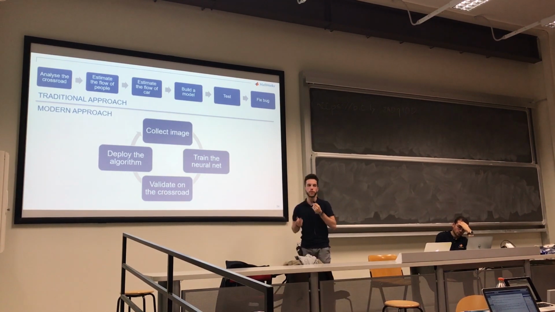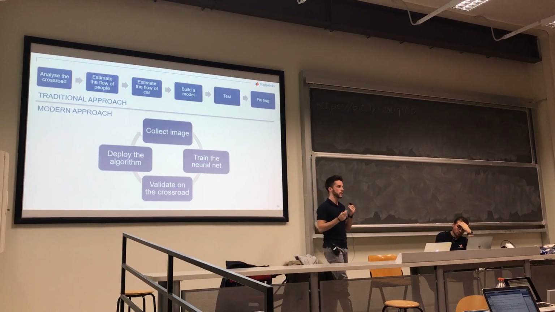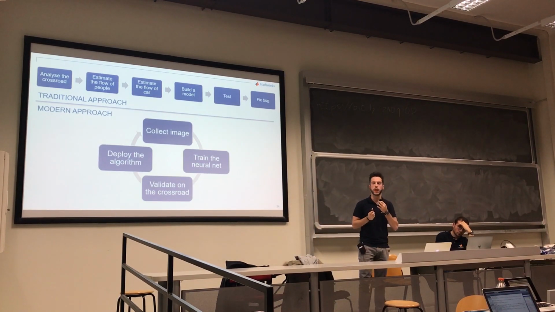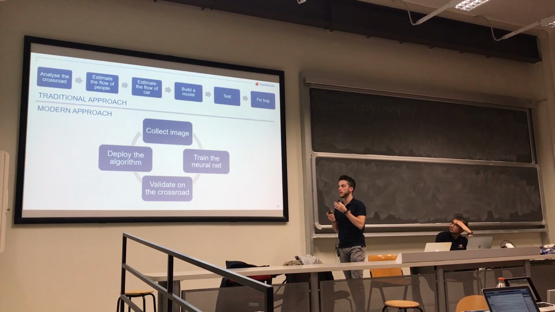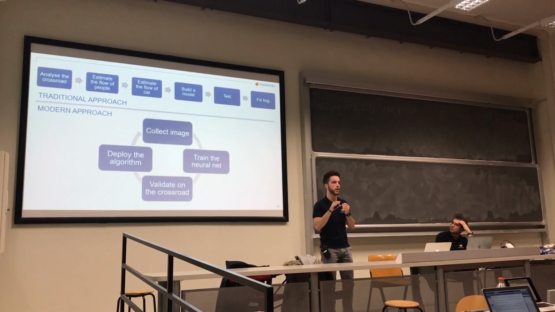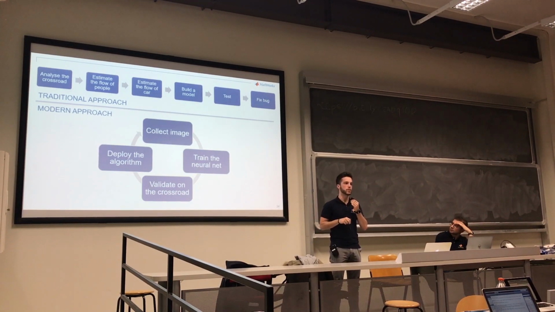So before actually linking the switching of the traffic light with the net, maybe we put our camera on the crossroad, and with a computer we can check if the net is predicting our images well or not.